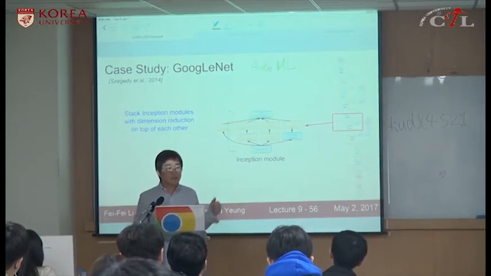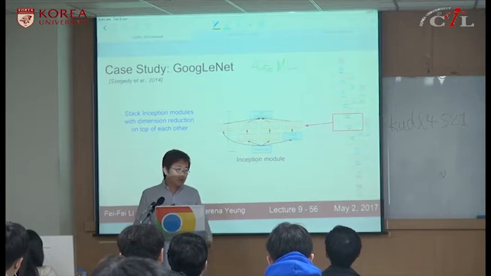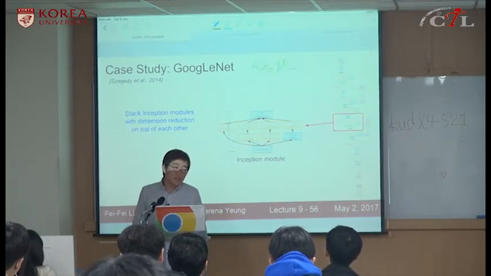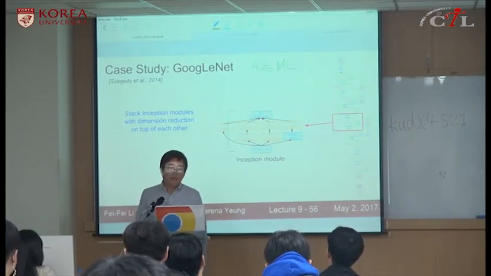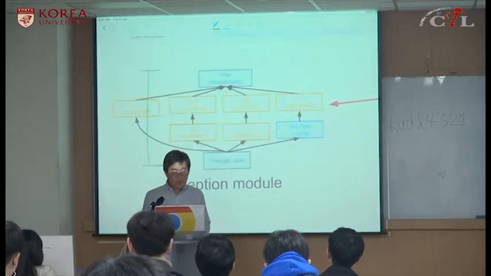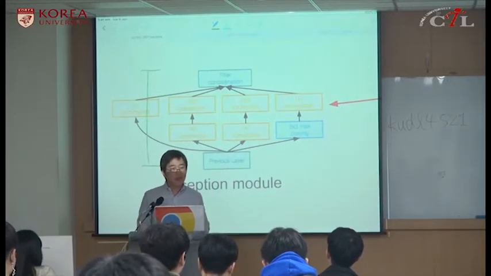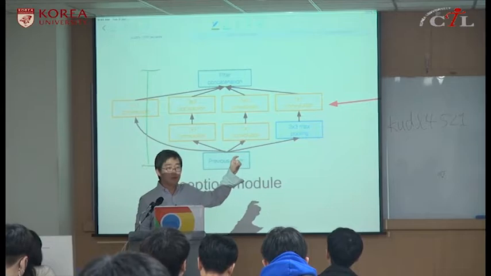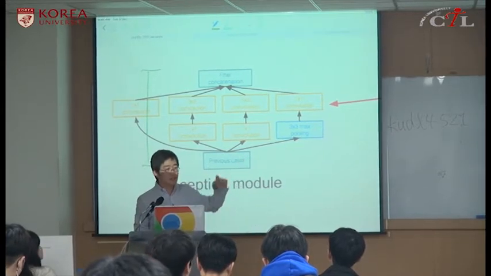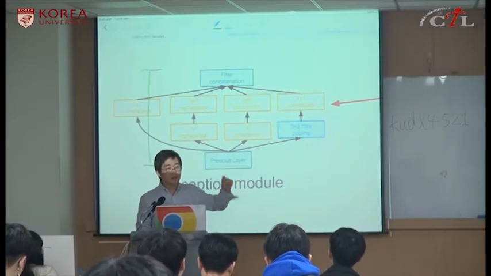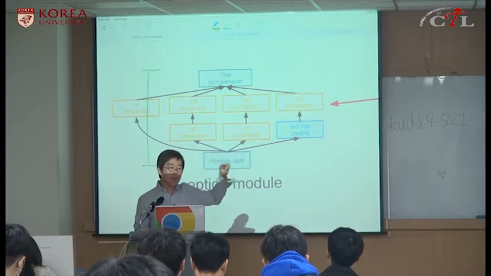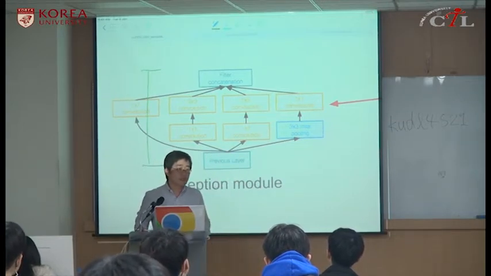Here the particular task of our goal is just the ImageNet classification. Google applied all the different types of variations to define one particular module, and then they just stacked that particular module over and over. That's how they constructed this GoogleNet.